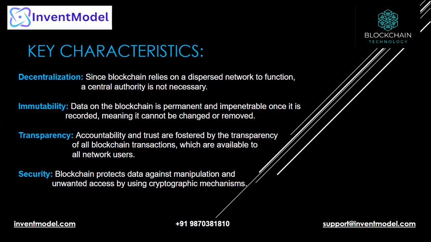Cryptographic algorithms like hashes and digital signatures ensure that transactions are secure and that participants can prove their identity without revealing sensitive information. Additionally, consensus mechanisms like proof of work and proof of stake provide further security by requiring participants to contribute resources to validate their transactions.